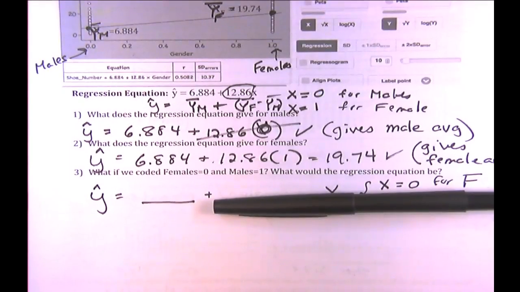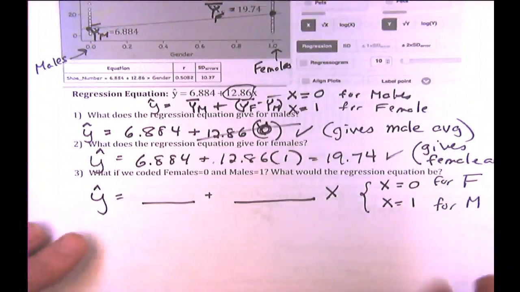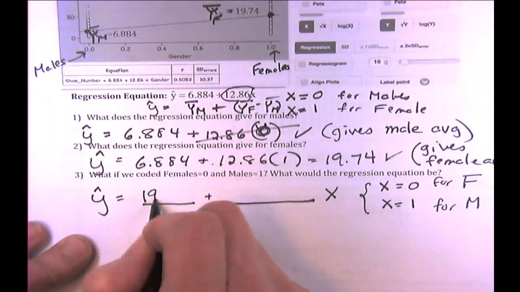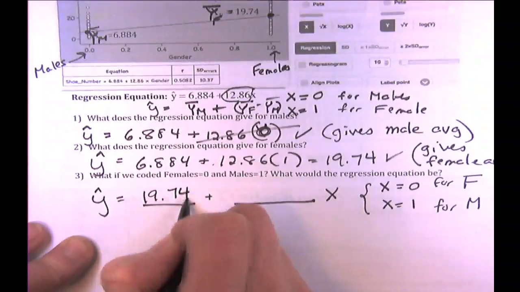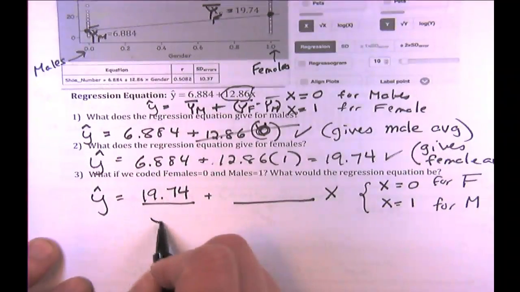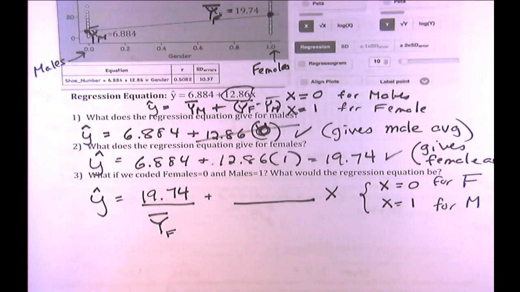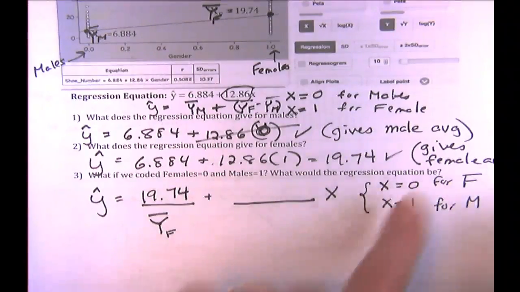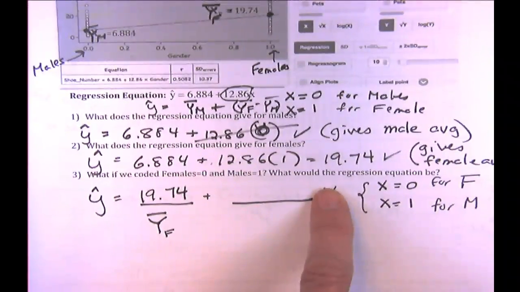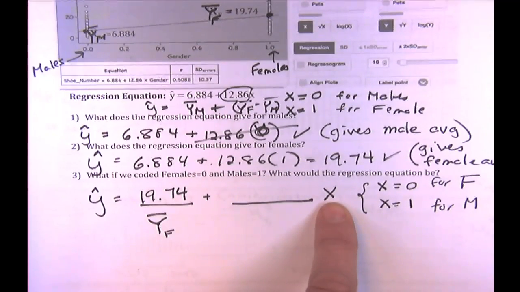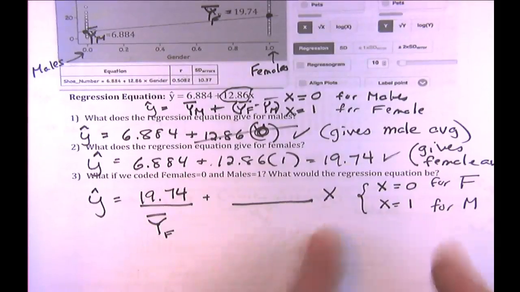19.74. Yes, exactly. So we'll do that, 19.74, because that's the female average. Let's write that in. That's fine when we have a 0 in there. Now, let's say we have a 1 in here for males. Now you're a male. So what do you want to end up with?